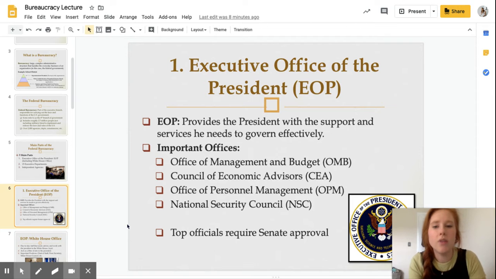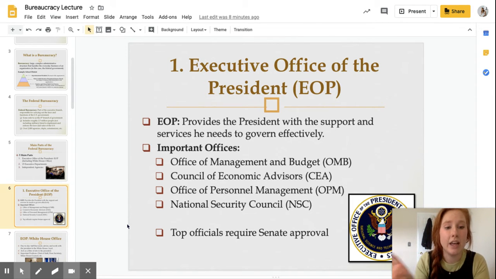And so all of these positions, the officials that preside over these offices, they have to have Senate approval. I'm going to link a video after this about how the Senate actually goes about the whole process to have Senate approval after the president nominates you.